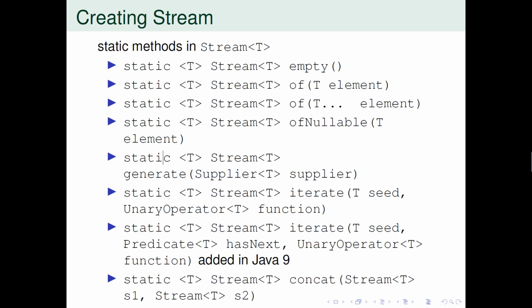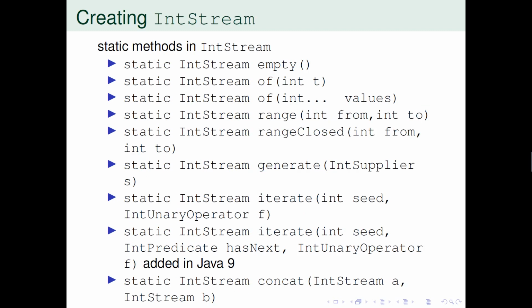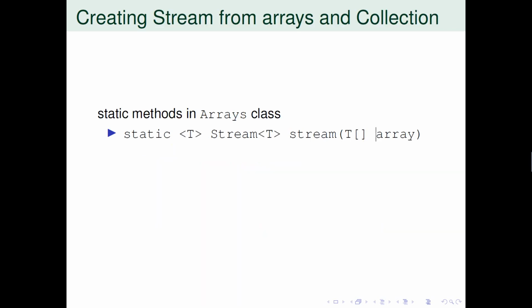So the iterate method is like this, and then we even have a method called concat. You can concatenate two streams, with elements from this stream as well as elements from the other stream. And there are many others, like this one from IntStream, the primitive stream. They have almost equivalent methods, so I'll skip over this one.